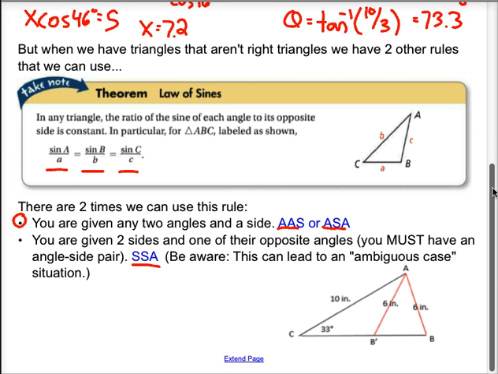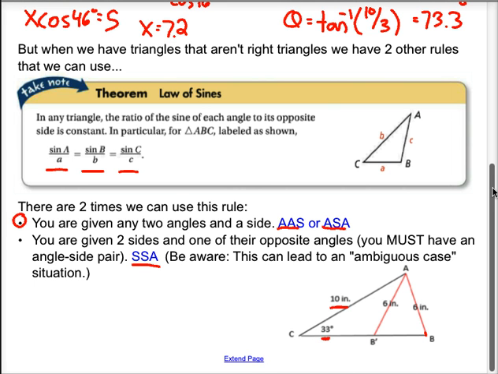I do want to caution you though, we're not going to really touch much on this in this class, but if you continue on into college algebra or pre-calc, this second one does lead to what's known as an ambiguous case. Because if you're given an angle and a side, this other side can create two separate triangles using the same length there.